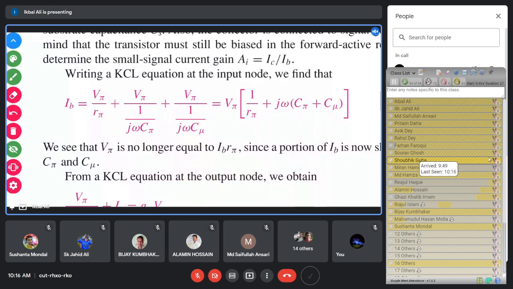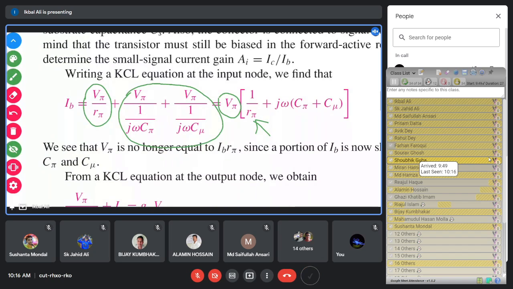We can simplify this one. The expressions 1 by j omega C pi and 1 by j omega C mu will go to the numerator side. So ultimately you will get this. You take V pi common. From this expression you will get 1 by R pi, and from the other two, j omega C pi and j omega C mu will go to the numerator.